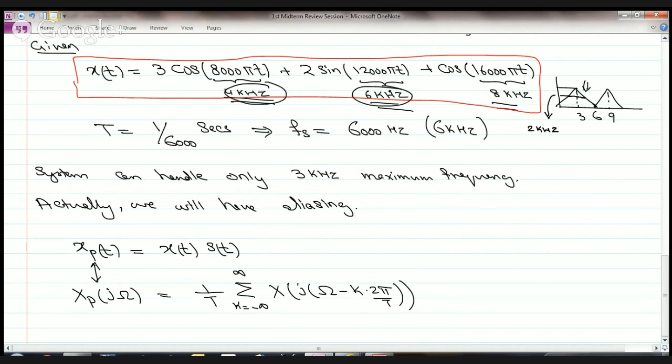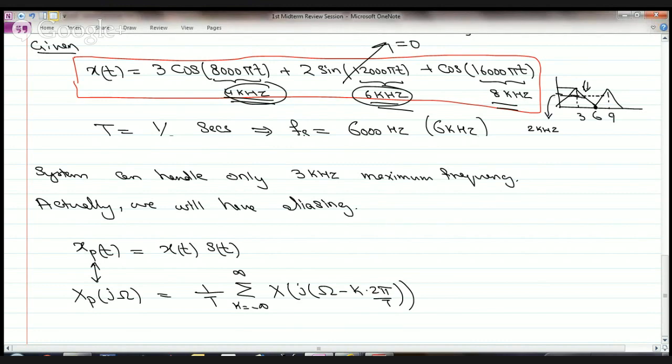The second frequency is 6 kilohertz. The 6 kilohertz frequency is going to get mapped to 0. Okay. So this frequency will actually become 0. And this 8 kilohertz frequency is 6 plus 2, you come to this point, and that is again 2 kilohertz.